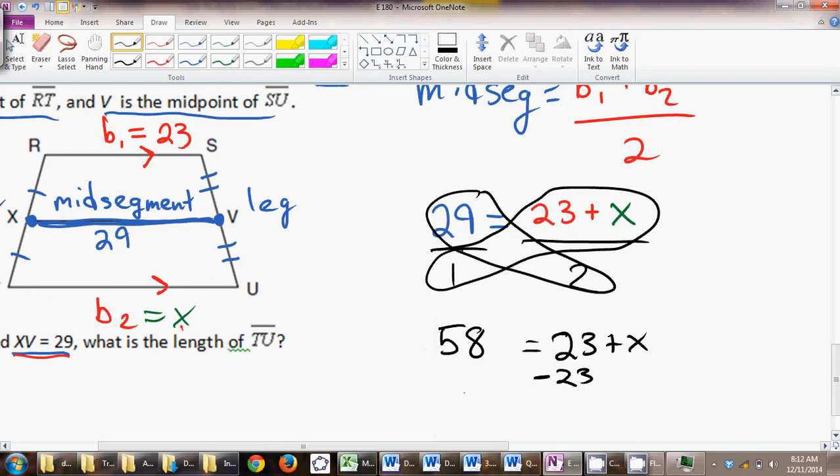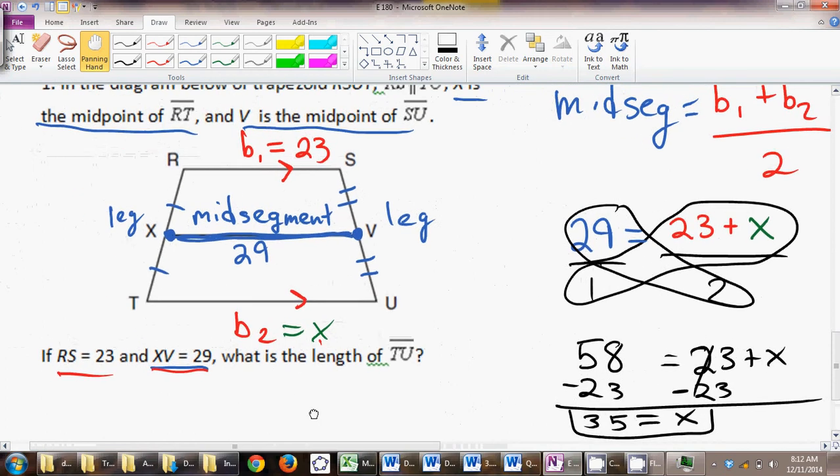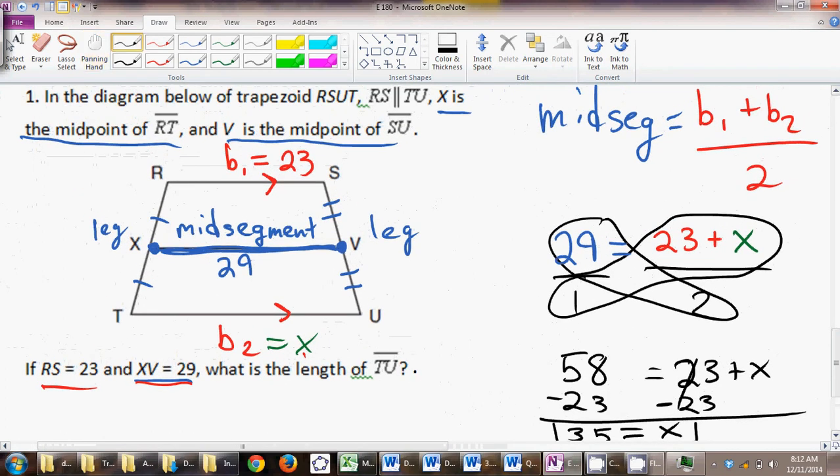Subtract 23 from both sides. It's going to give me 35. So, X equals 35 in this problem. What's the length of TU? It's 35. This thing equals 35.